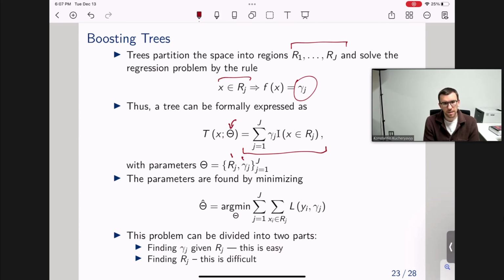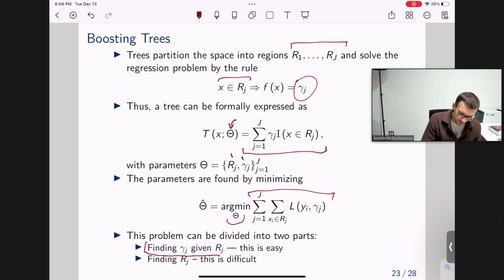Then the parameters are found by minimizing this function. So we are minimizing it across regions by choosing regions and the gammas, the values, to minimize loss across all regions. The problem can be divided into two parts.